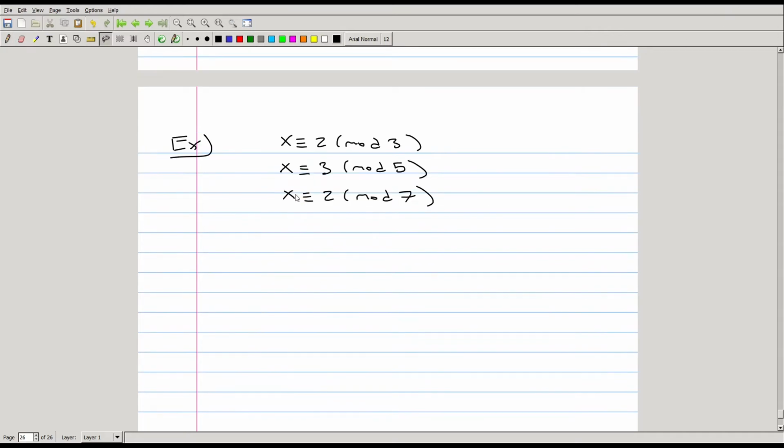So I'll illustrate this back substitution method using these 3 equations as well. We call this equation 1, equation 2, and equation 3. We know that equation 1 means that there exists a k in the integers such that x is equal to k times 3 plus 2.